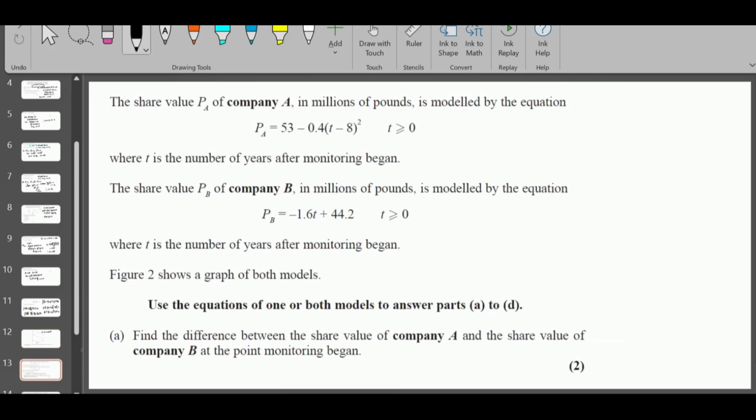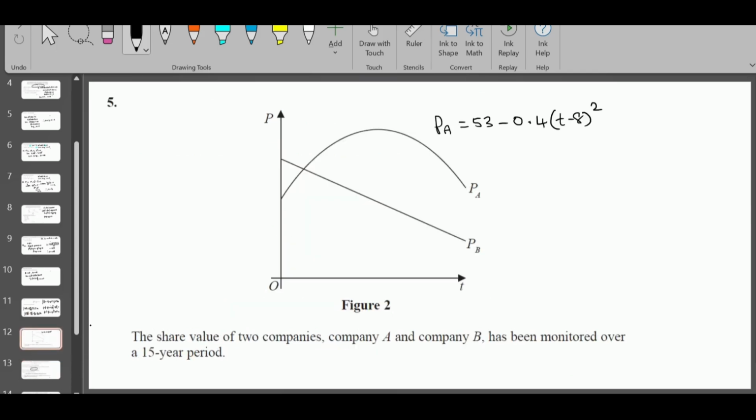And PB is modeled by a linear equation with the negative slope, minus 1.60 t plus 44.2. The y-intercept is basically 44.2, right?